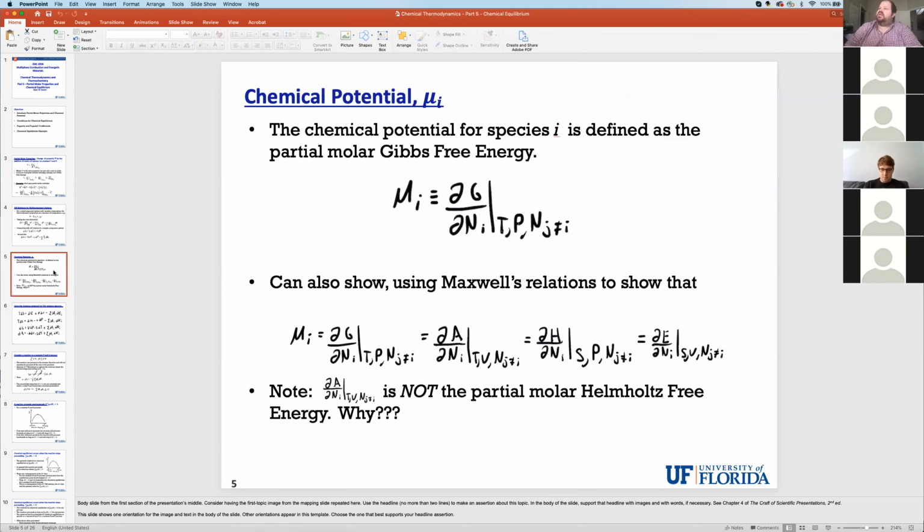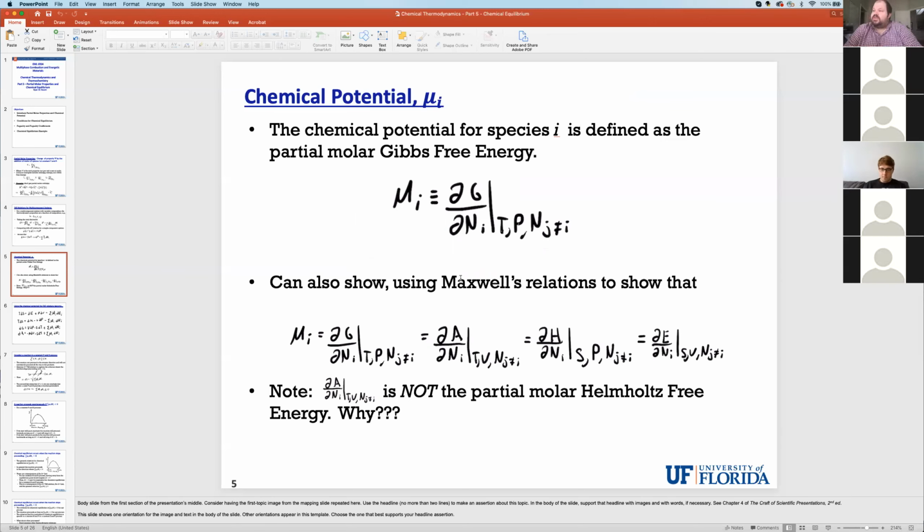Now it turns out there's a property very important for chemical equilibrium called chemical potential. It's also very important for phase equilibrium. The chemical potential for species i, mu i, is defined as the partial molar Gibbs free energy. They are actually one and the same.